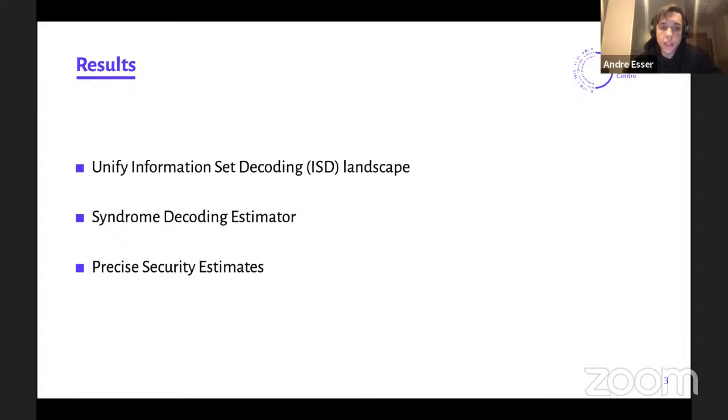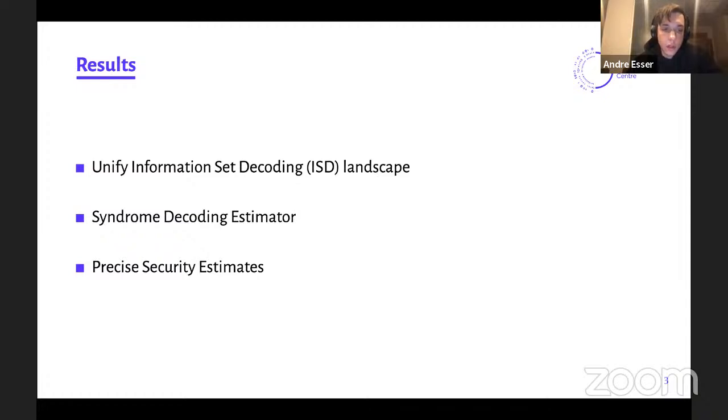We provide these complexity formulas in a publicly available tool called Syndrome Decoding Estimator, which allows estimating the hardness of arbitrary syndrome decoding instances. And finally, using this tool, we provide precise security estimates for the different parameter sets.